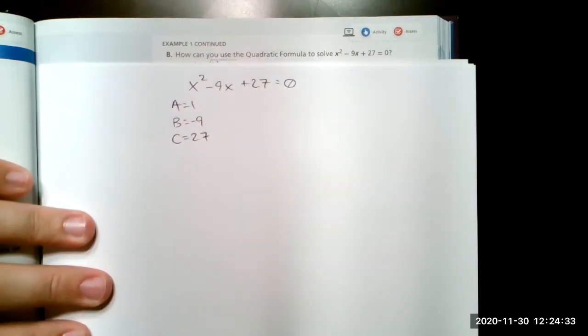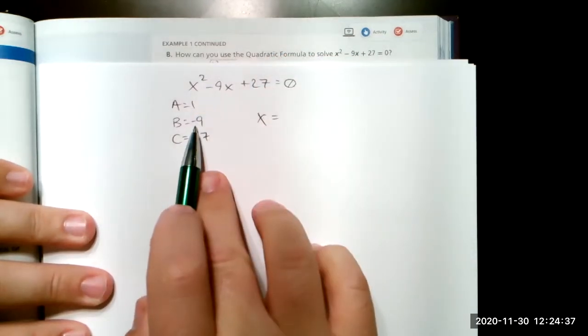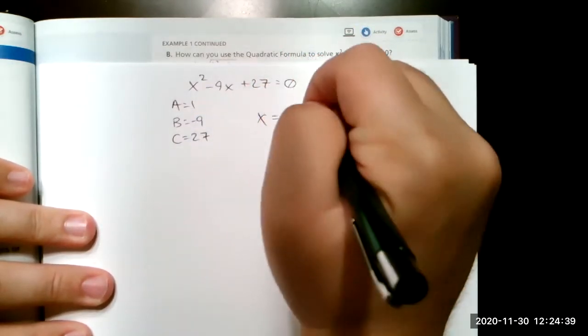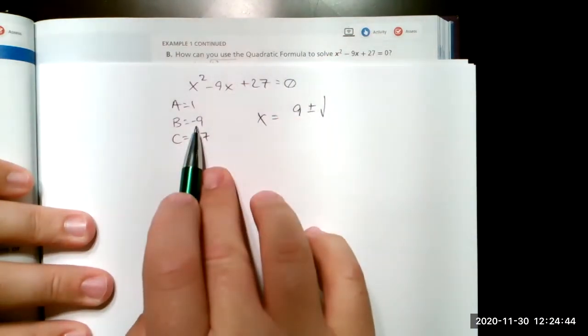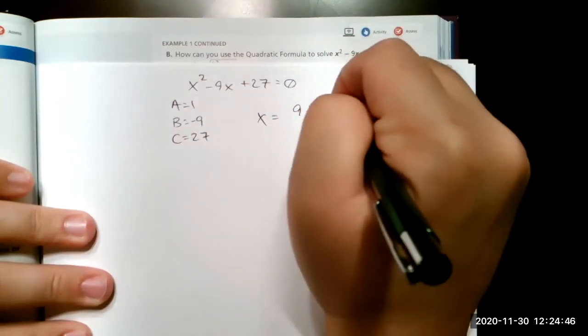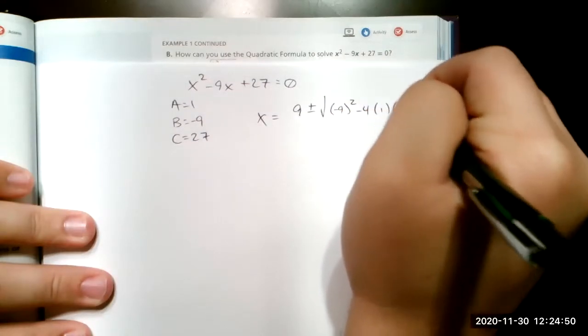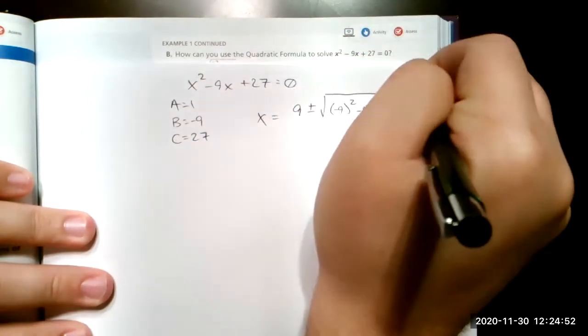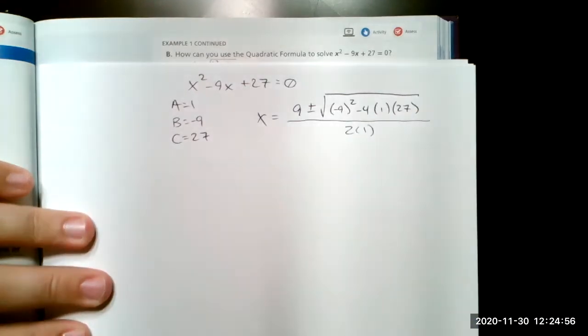So if we plug these things into the formula, it's x equals the opposite of B. So the opposite of negative 9 is positive 9, plus or minus the square root of B squared minus 4 times A times C. And that entire thing is divided by 2 times A.